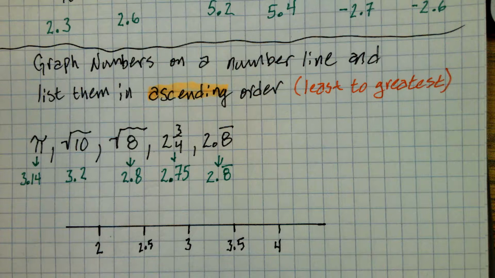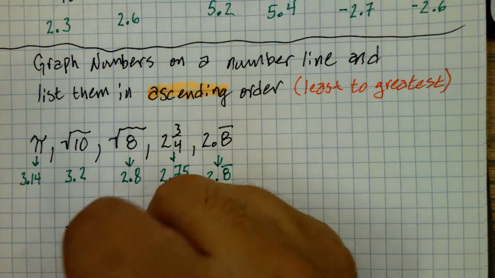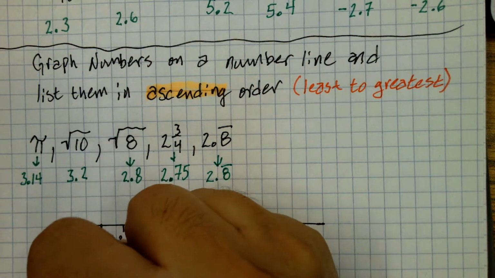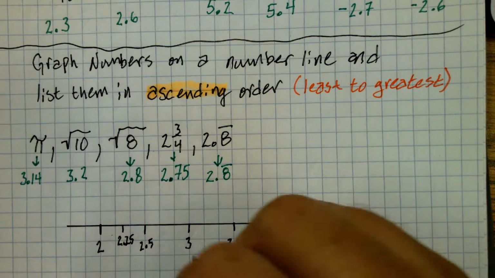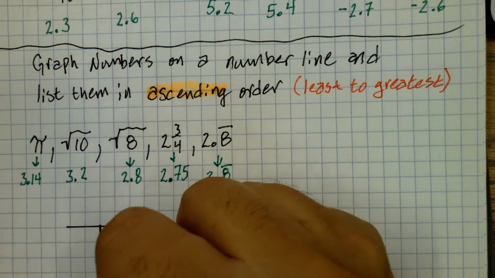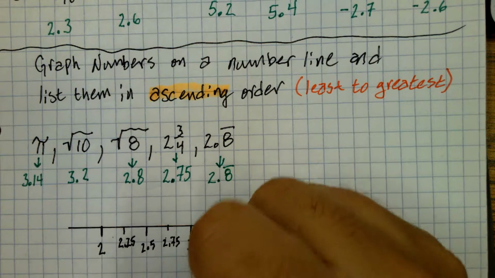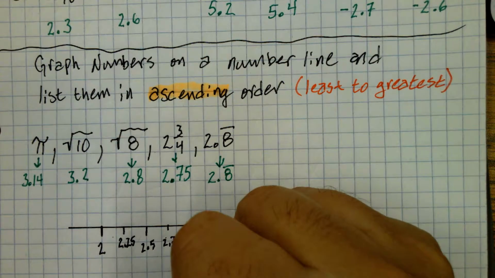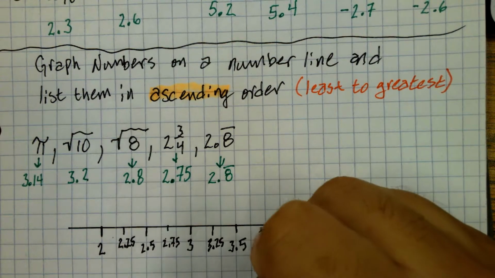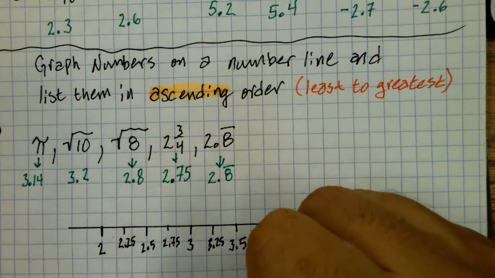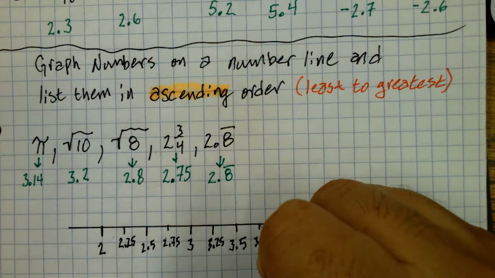All right. And maybe I'll put in quarters in here. 2.25. 2.75. 3.25. 3.75. Okay.